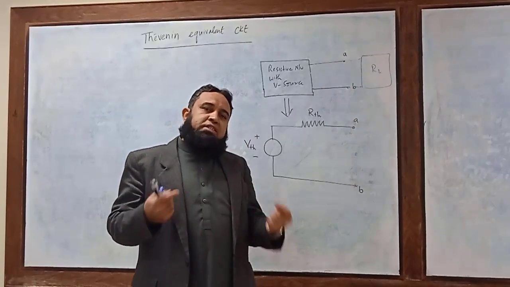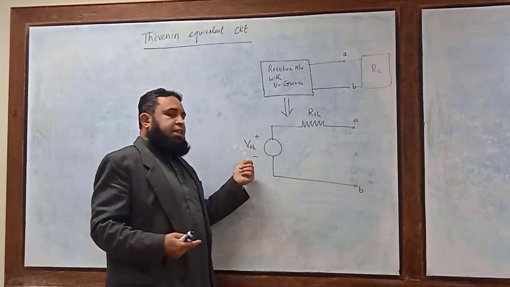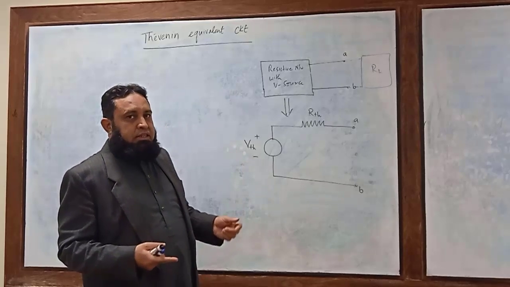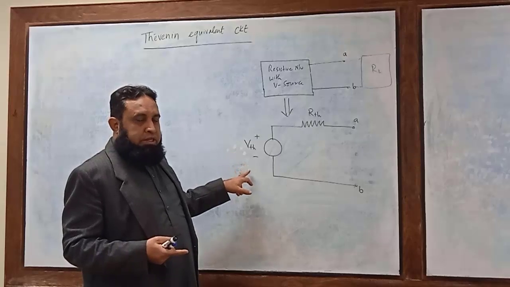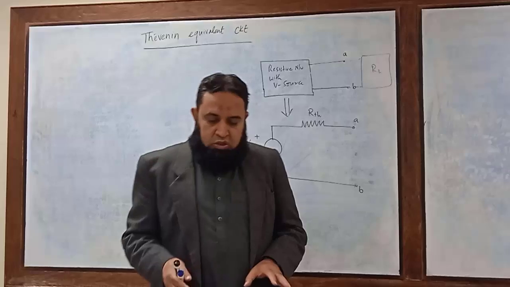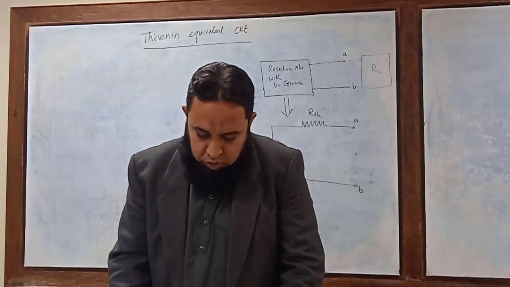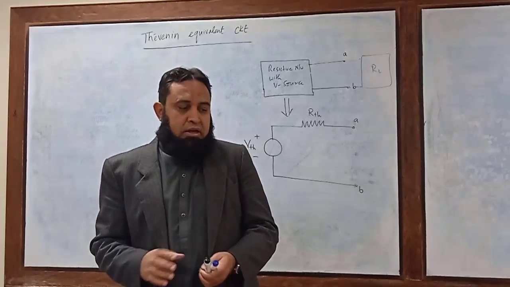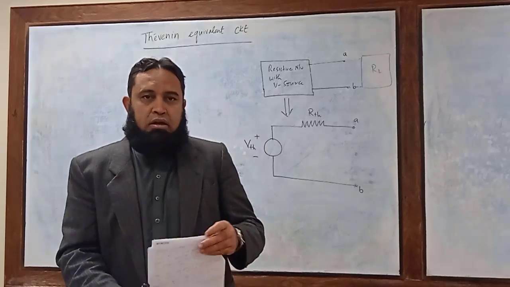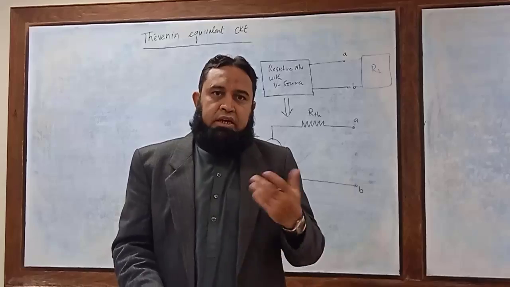Once you find that short circuit current, VTH is already with you, so compute the Thevenin resistance using the equation VTH divided by ISH. This procedure we will explain with some examples. So we will solve a couple of examples on it.